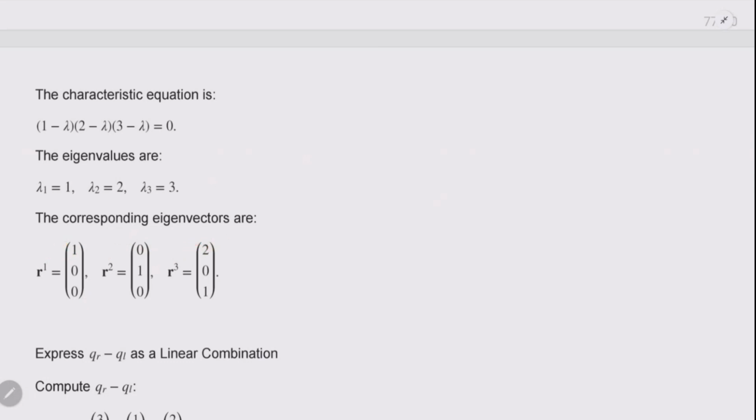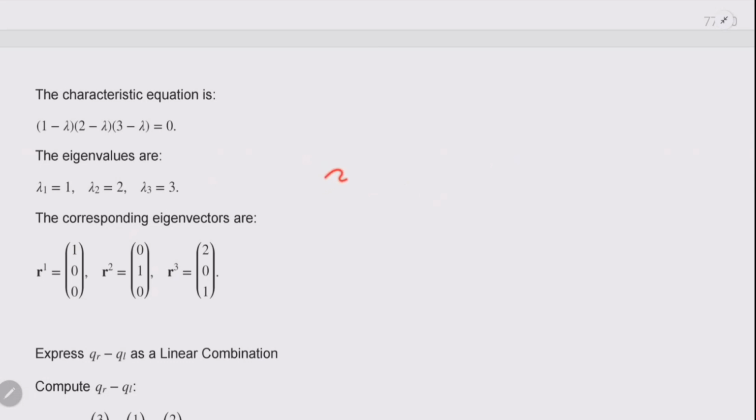Now, from the theory, you know that we have q right minus q left equal to some alpha p multiplied with r p. It depends how many waves we have. In this case, we have three waves.